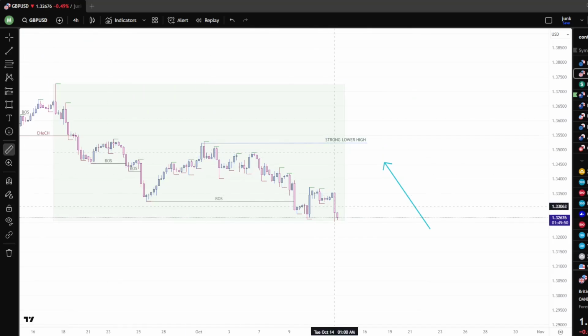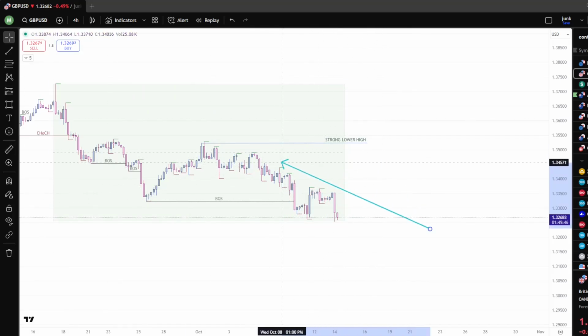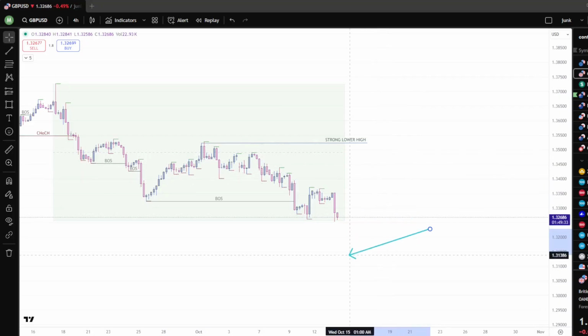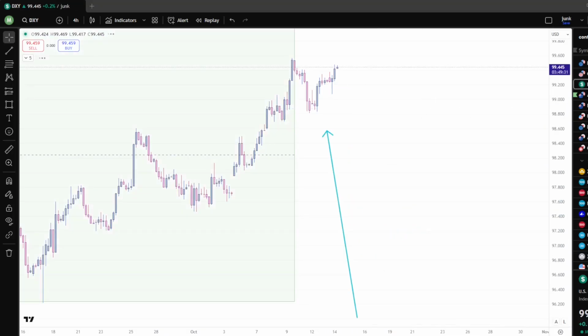More recently, this one continues to make lower highs, lower lows, lower highs, lower lows. Just looking for momentum to pick up in the bearish direction, expecting prices to continue lower, just like the Euro USD.